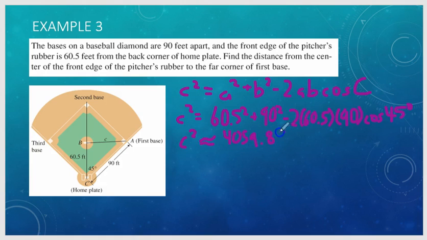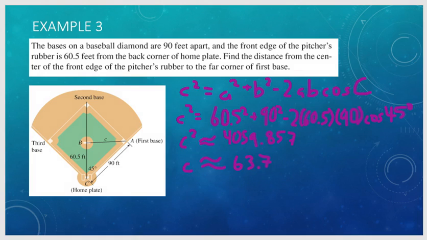The number goes on and on, but the main thing I wanted to make sure you remember to do, this is what C squared equals. So make sure that you take the square root of that number, and that'll give you just C by itself. And then I got approximately 63.7. They didn't say what to round to, so I'm just going to do it to the nearest tenth in this case. So now we know that the distance from first base to the pitcher's mound is 63.7.